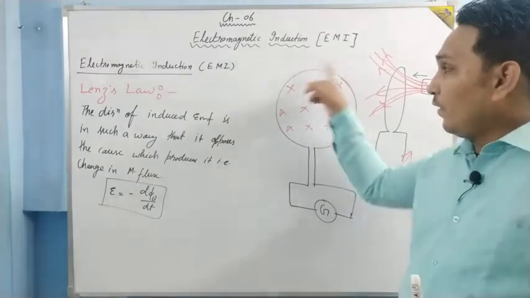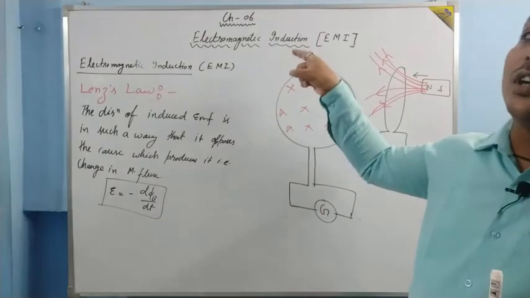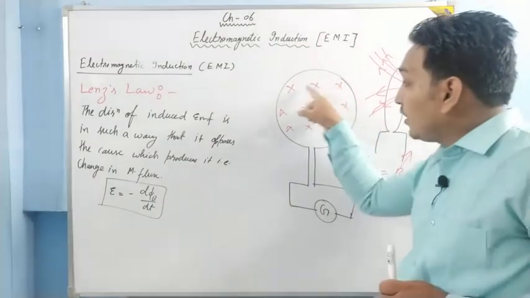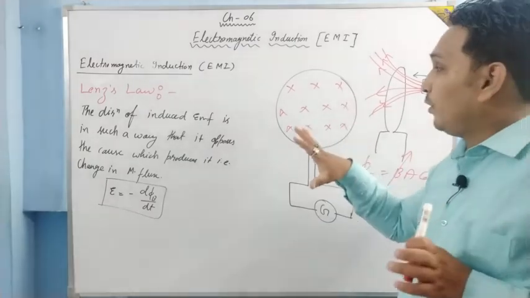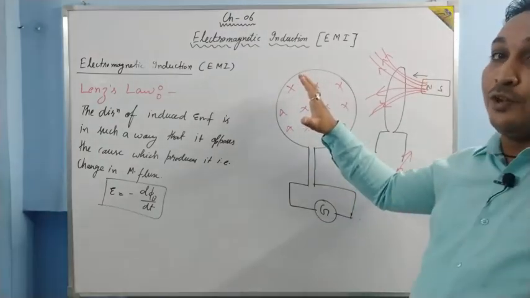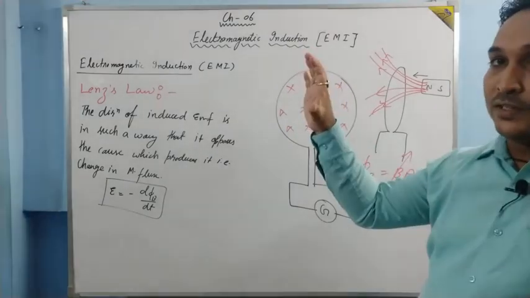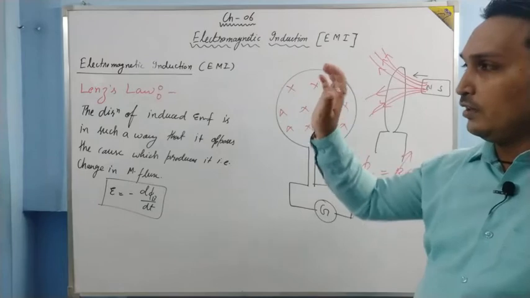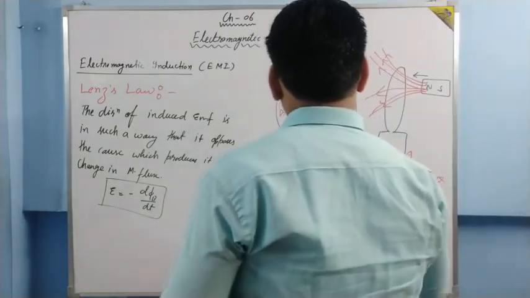The direction of induced current is in such a way that the magnetic field of that induced current opposes this increase of magnetic field. And what should be that direction? The direction of the magnetic field of the induced current should be opposite to this. And when the magnetic field is this, current should be this.